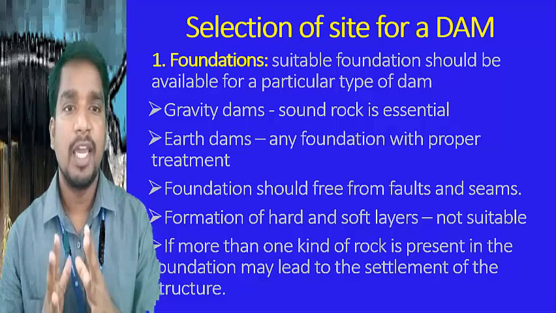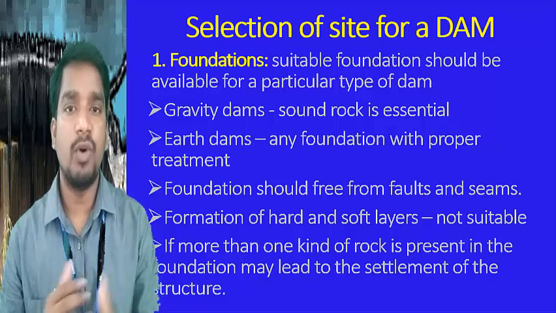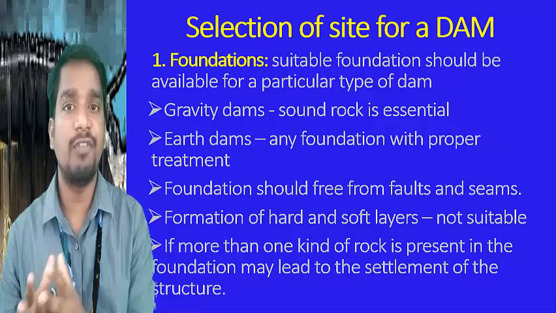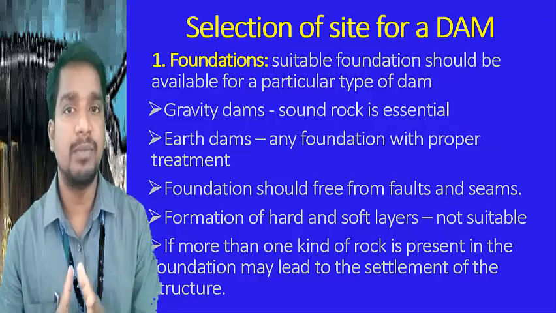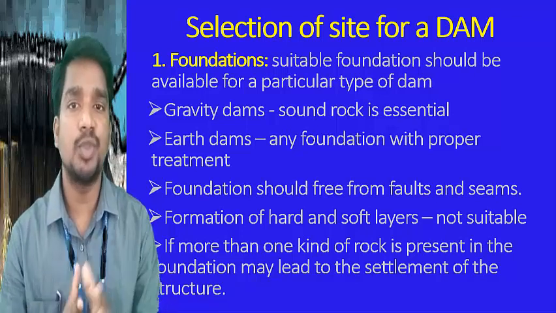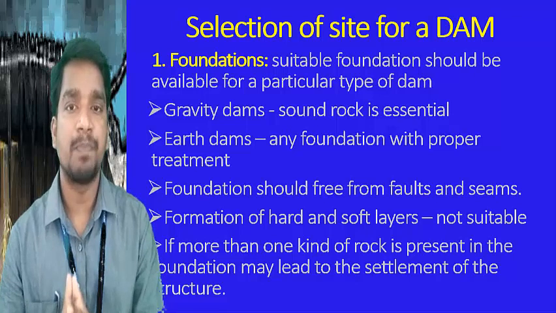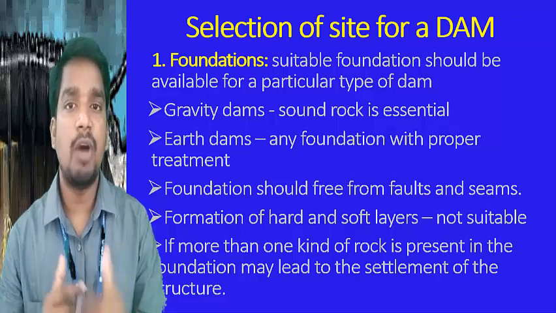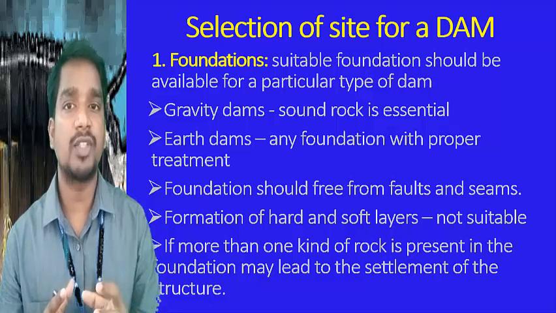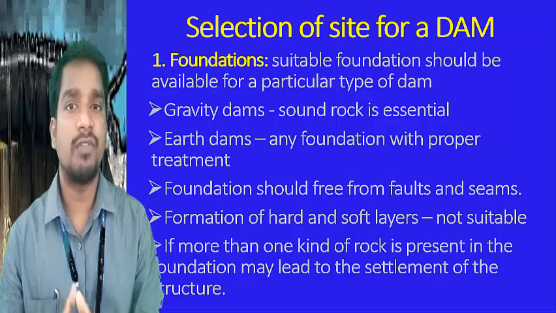Whatever site we select, the foundation should be free from faults and seams. If faults and seams are available, such conditions may not be suitable for the construction of a dam. In a similar fashion, consider the formation of alternate layers, where one layer is hard strata and the next layer is soft strata.